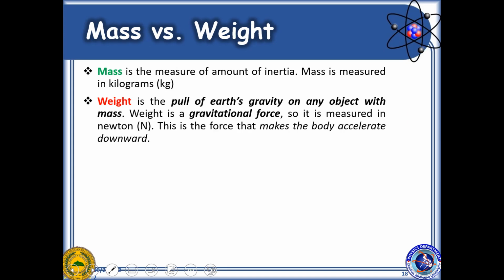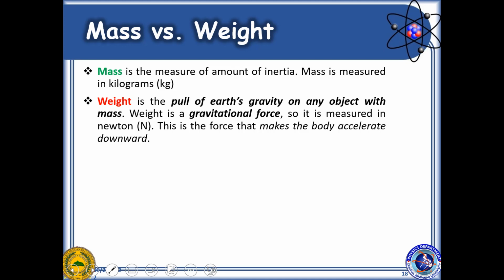Okay, so let us differentiate mass and weight. Mass is an innate property of a material. It is the measure of the amount of inertia. It is in kilograms. So your mass here on Earth is the same as your mass on any other planet or on the moon, for example.